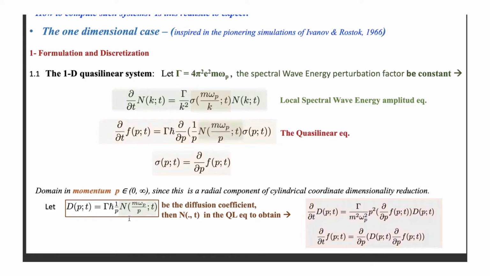So K and P as variables, their dot product ties up through the dispersion relation to a constant. So K is always inversely proportional to P. It's easy to see in one dimension. In higher dimensions, it's more complex.